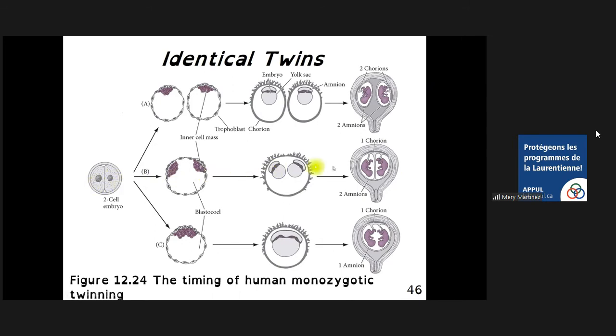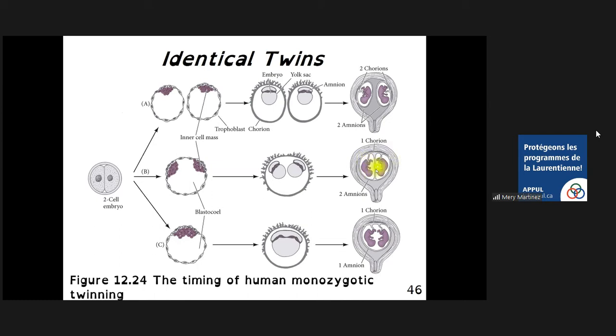In B, what we have in here is that some may share a common chorion, as we see right here, which indicates that the separation occurred after the trophoblast was formed, but before the amnion formed. So each embryo finished with their own amniotic sac, as we see here.